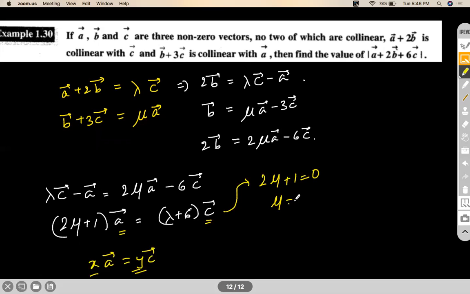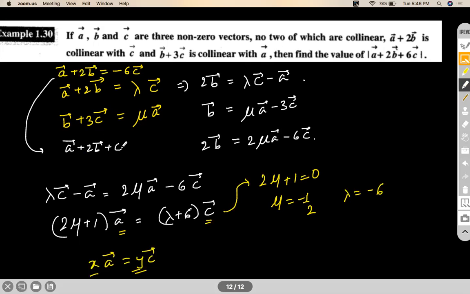That means mu is negative half and lambda should be negative 6. If lambda is negative 6, then your job is done, because from here you figure out that this is negative 6C. That means your A plus 2B plus 6C is going to be a null vector. For a null vector, the modulus is always going to be 0. So this answer is 0.